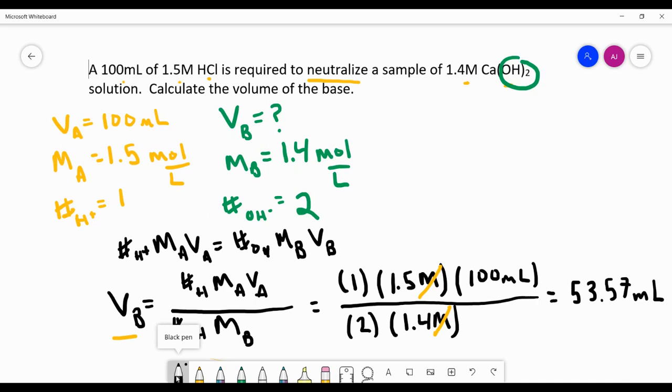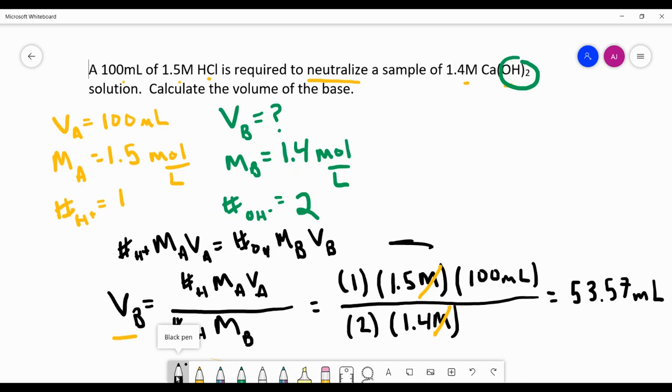Once again, you can solve these problems using the regular stoichiometry methods. And sometimes it's actually an interesting exercise to solve the same problem in both ways so that you can see that this equation here is doing all of the same operations as you are doing in solving something through stoichiometry, just summarized into one equation.